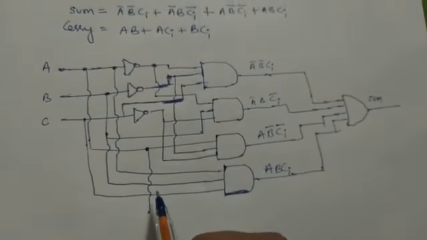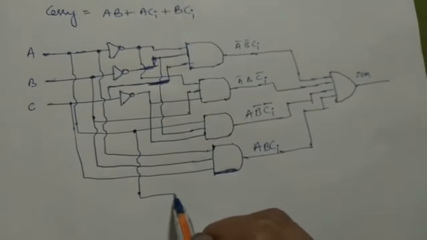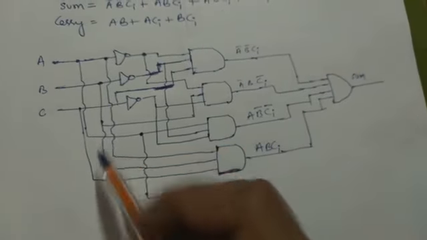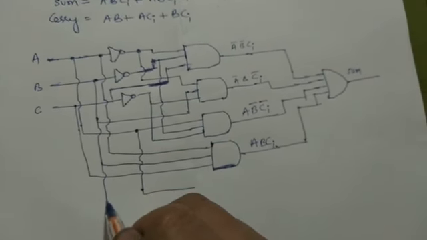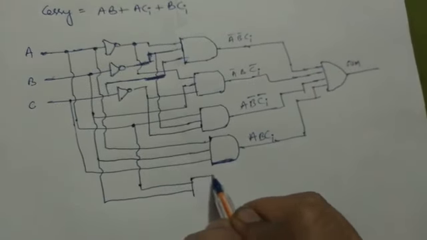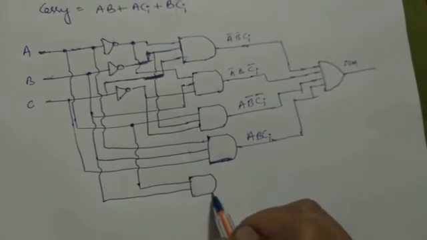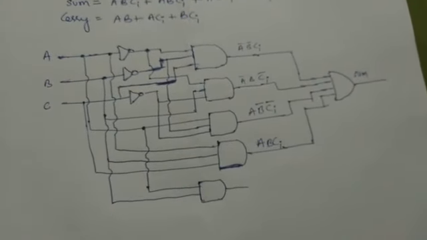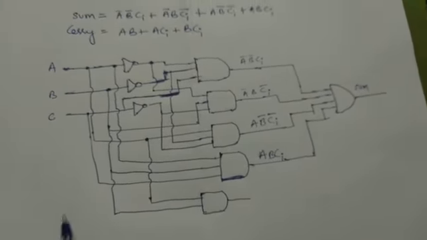Now I have to take B. So this is B coming over here. This is AB.